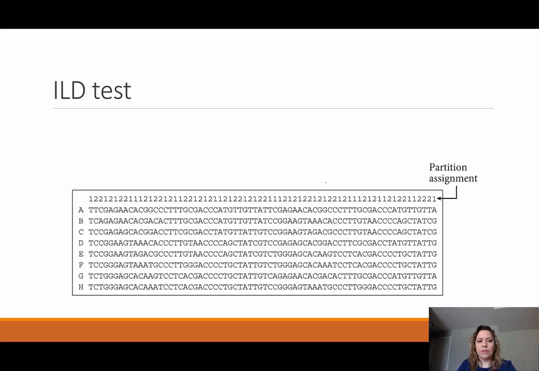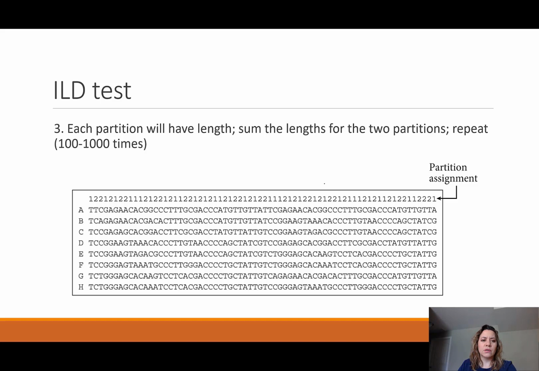What then happens with this random partition assignment is that you run the analysis and you get a set of trees. So step 3, which I've outlined on the slide, you take each partition or the combined partition, and then you look at how long the tree is for that combined partition relative to the other separate partitions that were used. So each partition by itself has a length, which we have noted were 34 each.